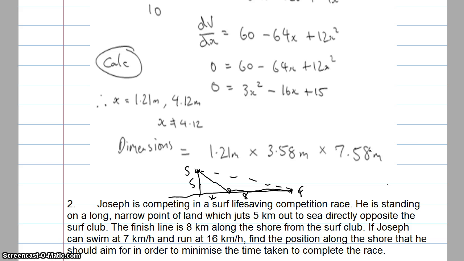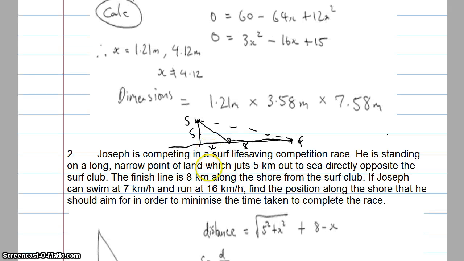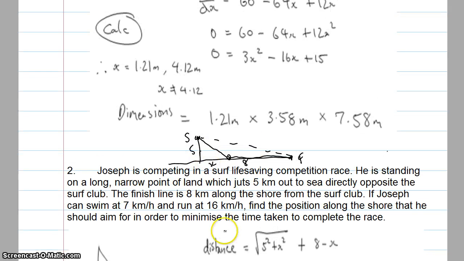So I can tell you that the distance that he runs will be 8 minus X, because it's the whole distance minus that distance there. To work out how far he swims, we simply use Pythagoras, 5 squared plus X squared, and then get the square root of that. So the distance is going to be the square root of 5 squared plus X squared, plus 8 minus X.